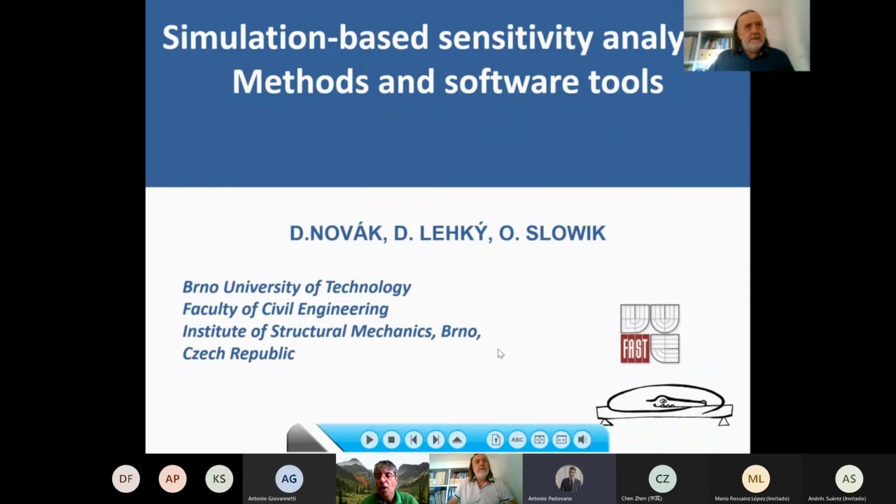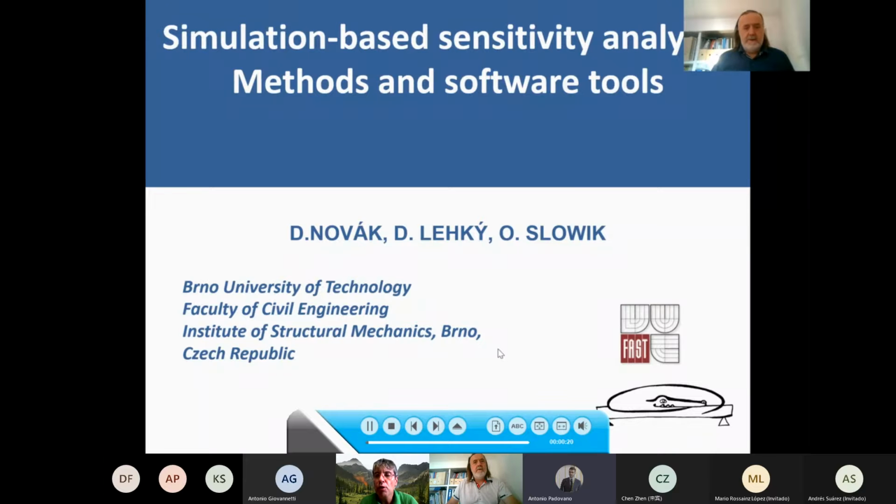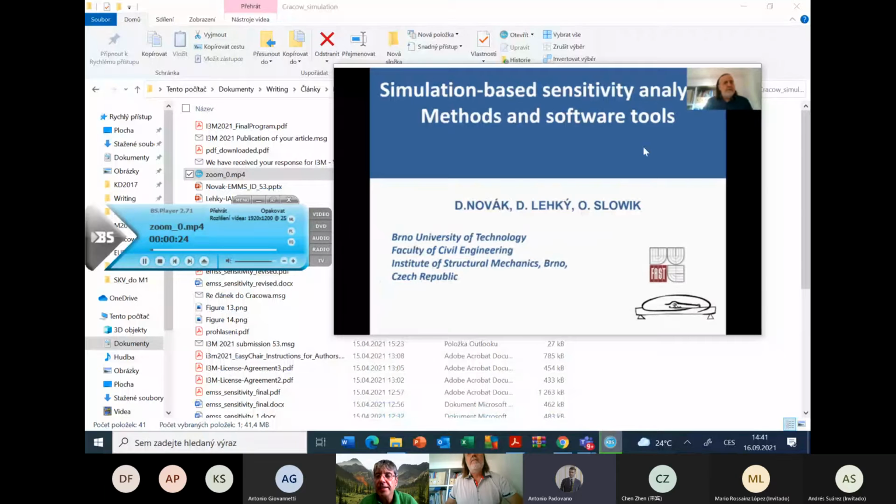Okay, when sharing, you have to close it and share it again. And when sharing, there is a window in which a button asks for sharing the noise, the voice of the computer, in the upper right corner.